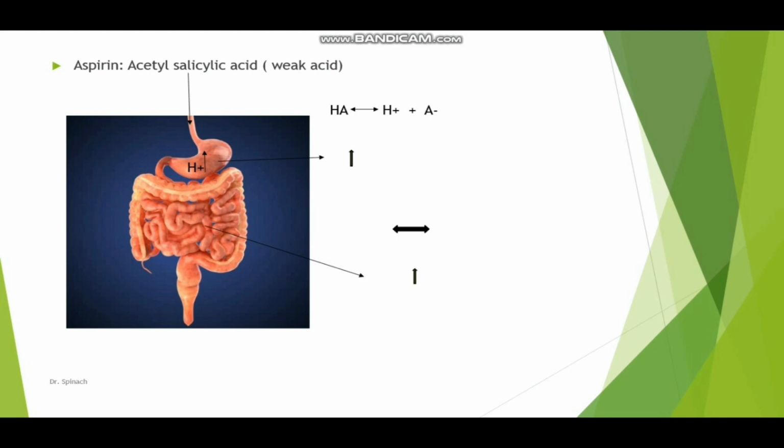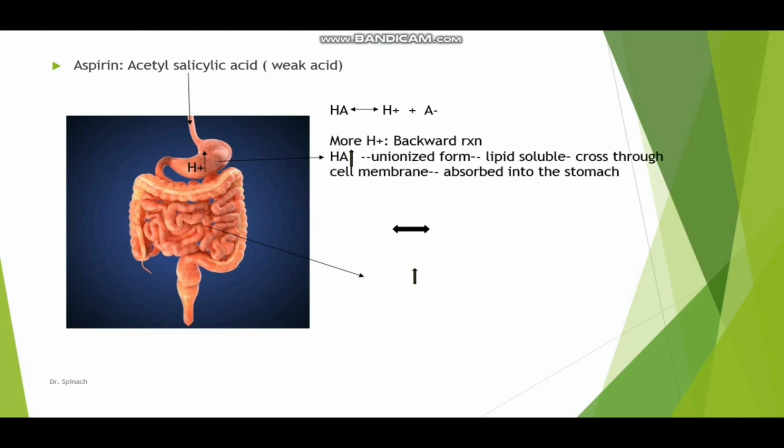Since there is more H+ in the stomach, H+ is going to combine with A- and form HA, so the backward reaction will be facilitated. Hence, more of the unionized form of aspirin is in the stomach. Therefore, it is absorbed in the stomach, which helps us conclude that weak acids are absorbed in the stomach.